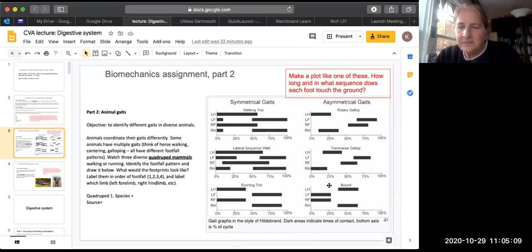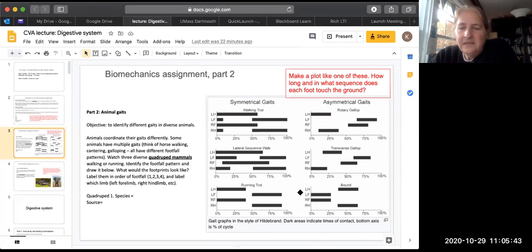Here, for example, is what I just described, a bound with the rabbit. This is a way to draw it. On this axis, it's left hind foot, left forefoot, right forefoot, right hind foot. And on this axis, 100% just means one stride, meaning once all four feet have been used, and then it repeats, obviously, if you're running left, right, left, right.